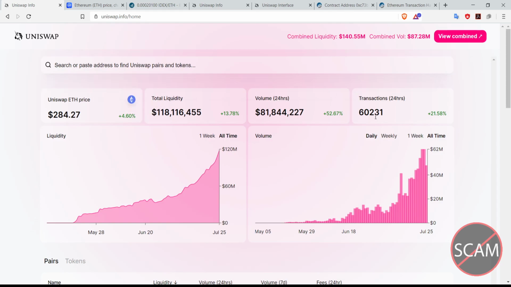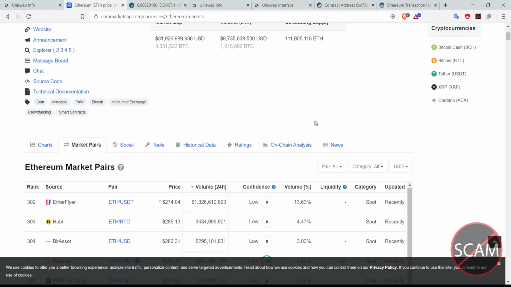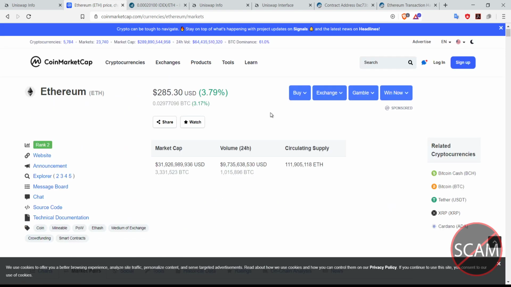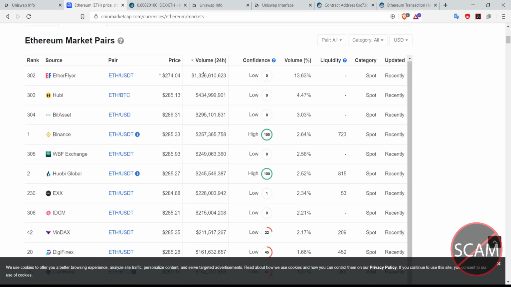So first of all, what is liquidity? Well, on a normal market, liquidity can be defined in a couple of different ways. One of them is you can take a look at the total volume. So for instance, today we have got some Ethereum here on CoinMarketCap, and you can see lots of volume is coming in.